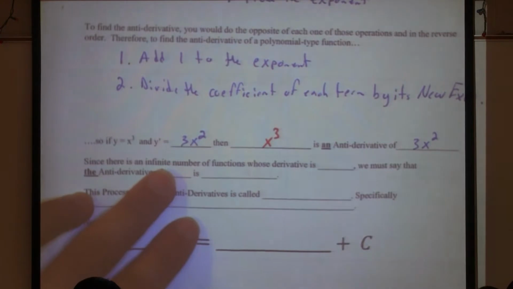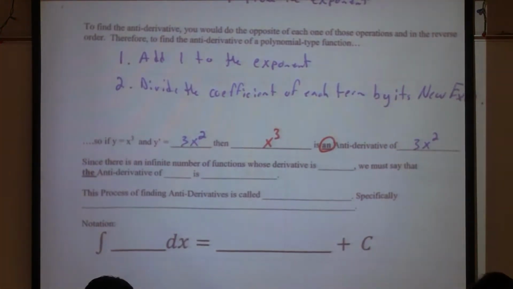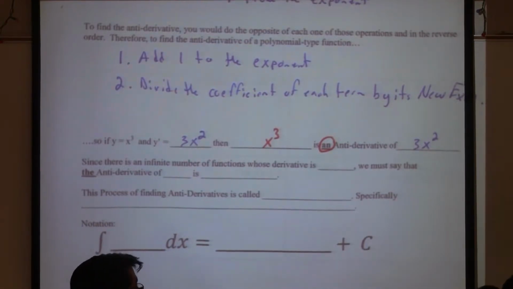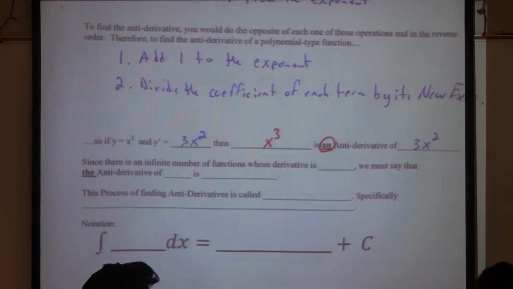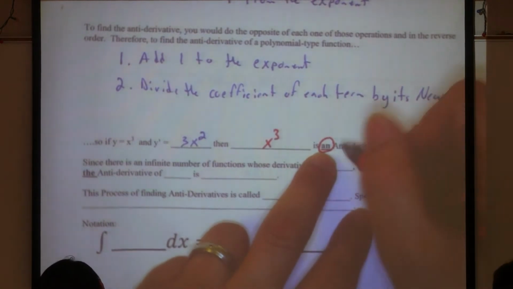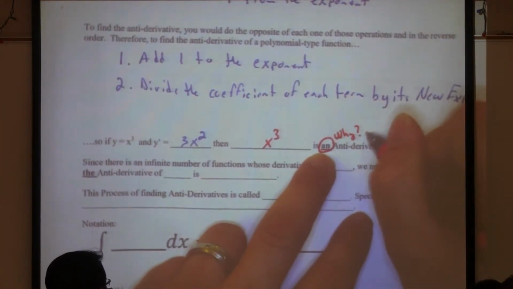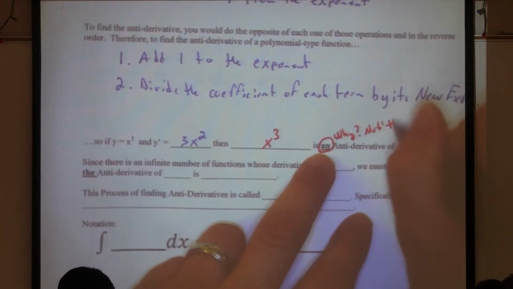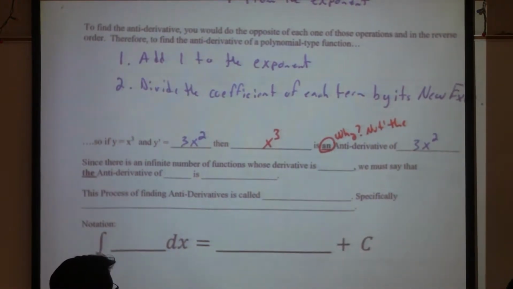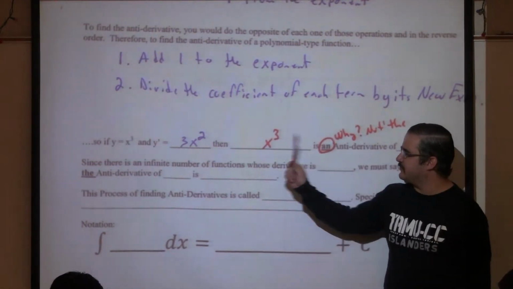Now why do you think I use the word an antiderivative? Could there be several? So this is going to what Robert was talking about. Why is it an and not the antiderivative? So if I had x cubed plus 2, would the derivative still be 3x squared?